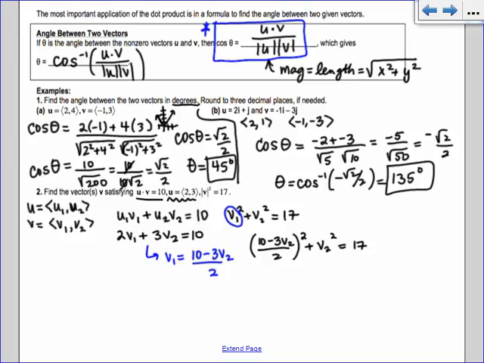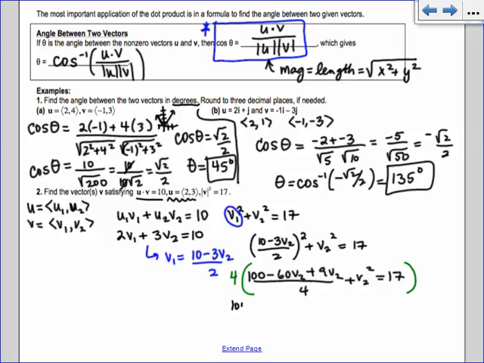And I'm going to FOIL it out. So when I FOIL this all out, I get 100 minus 60v2 plus 9v2 squared all over 4 plus v2 squared equals 17. And I don't like that 4. So I'm going to multiply both sides of my equation by 4.